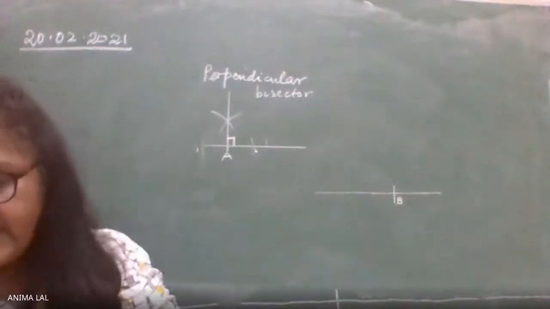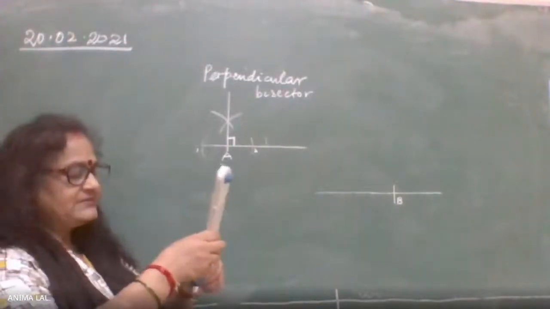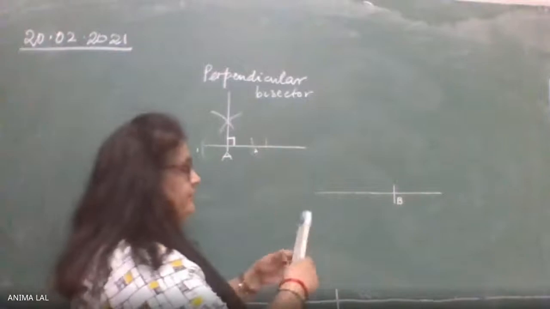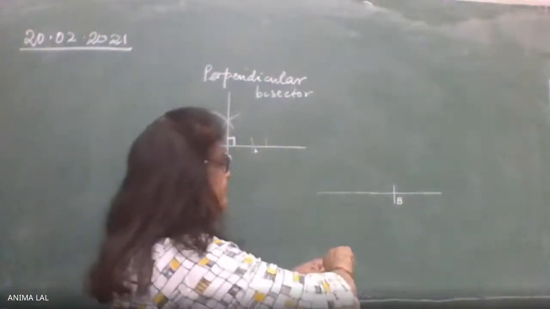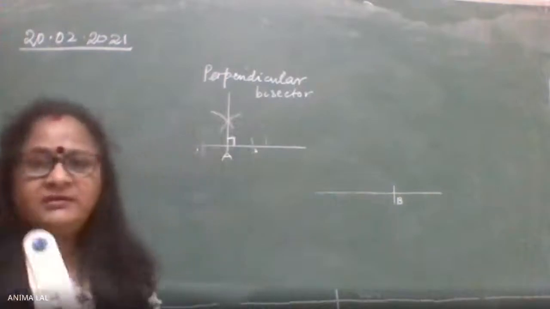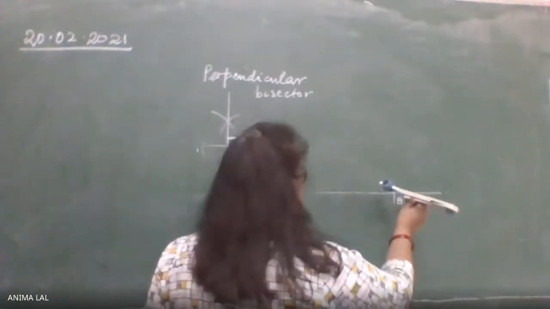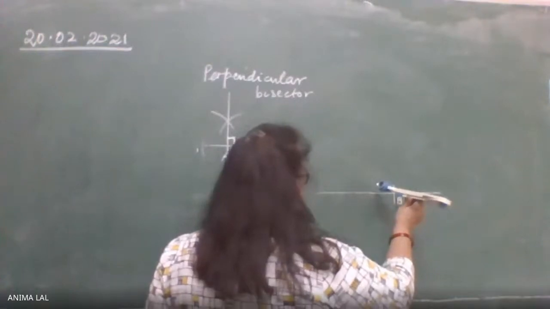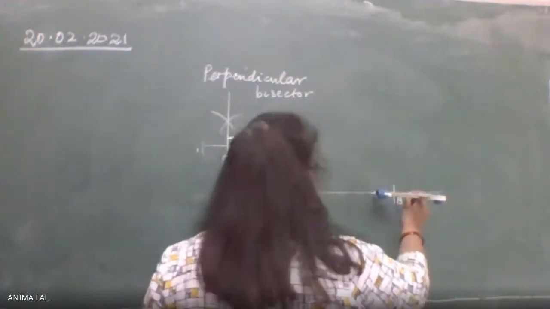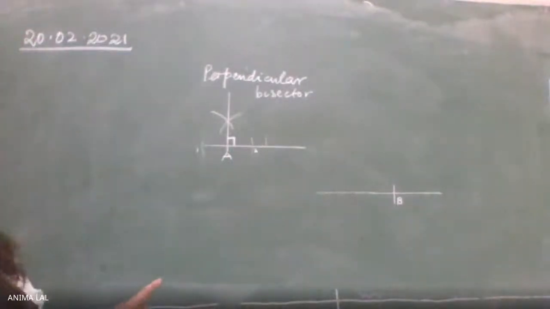Now to make a 90-degree angle, take the compass, put your compass point at B and any radius. Here, it is not necessary you have to take some fixed radius. Any radius, compass point at B, wherever the angle is, whichever point the angle is.